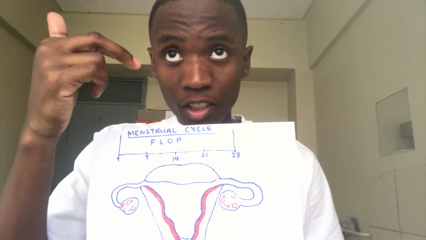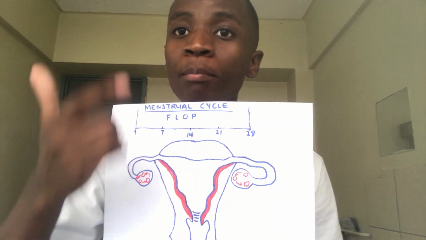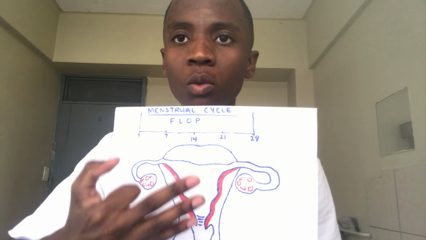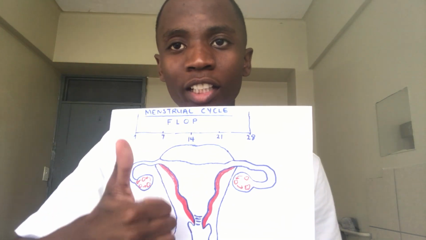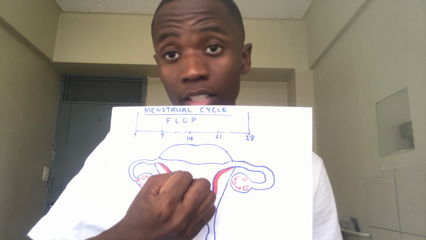So if fertilization occurs, the corpus luteum is not going to shrink, it's not going to degenerate. It's going to continue secreting this progesterone to maintain the endometrium wall and make it thicker, more glandular, more vascular, so that it can be maintained and stronger to carry the baby, okay?